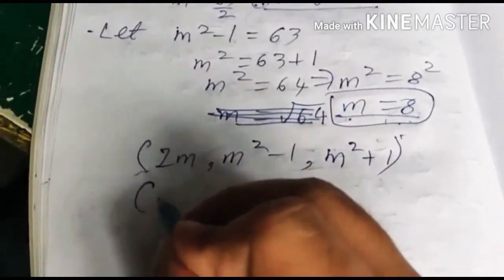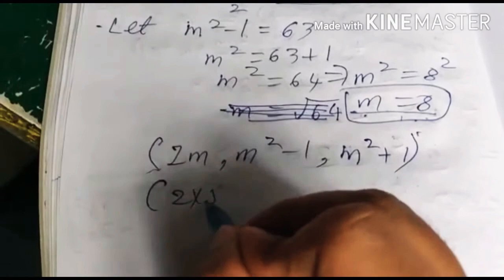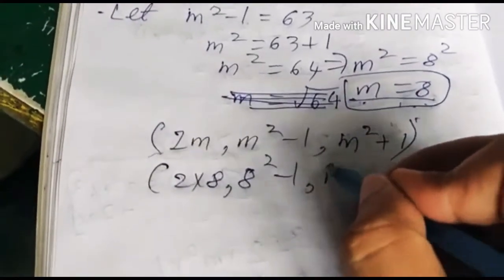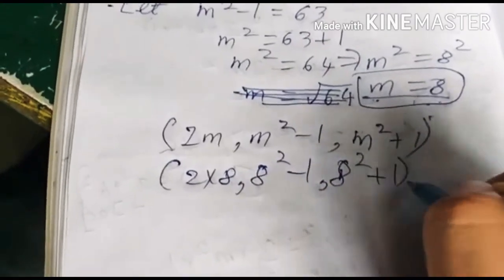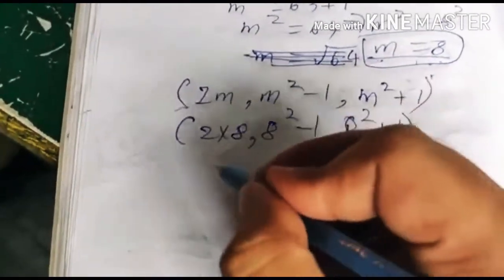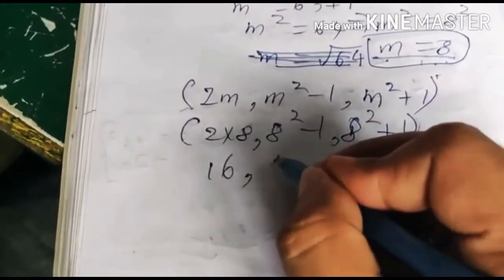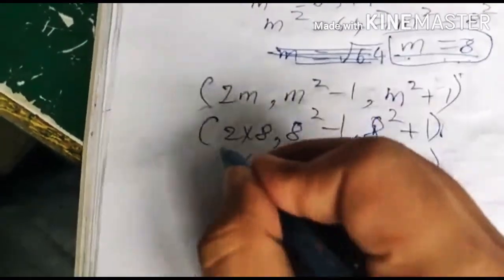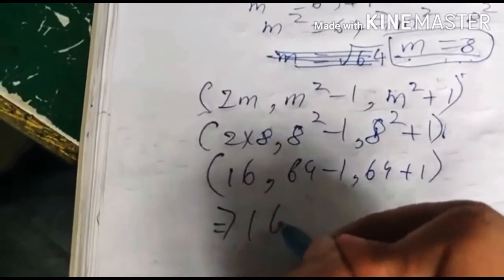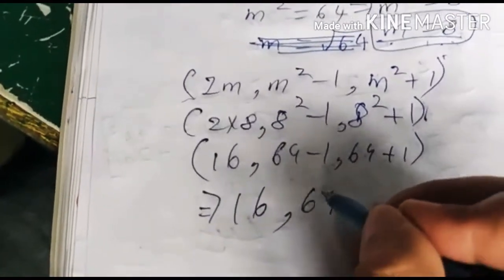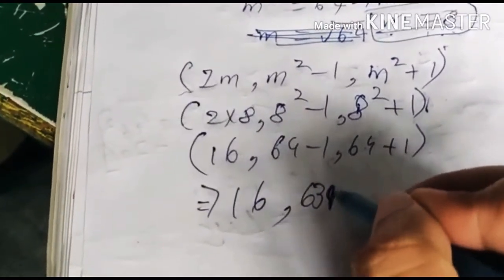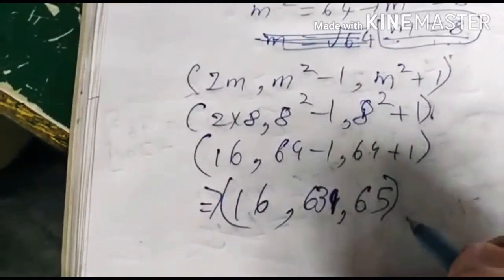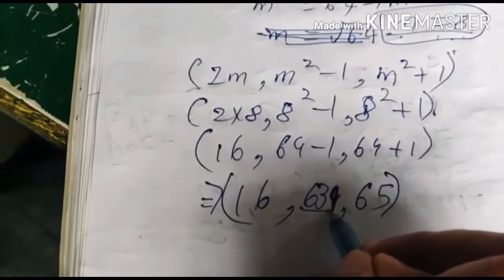So 2 into 8, comma 8 to the power 2 minus 1, comma 8 to the power 2 plus 1. This will be 16, 64 minus 1, 64 plus 1, which equals 16 comma 63 comma 65. So this is our Pythagorean triplet with one of its numbers 63.